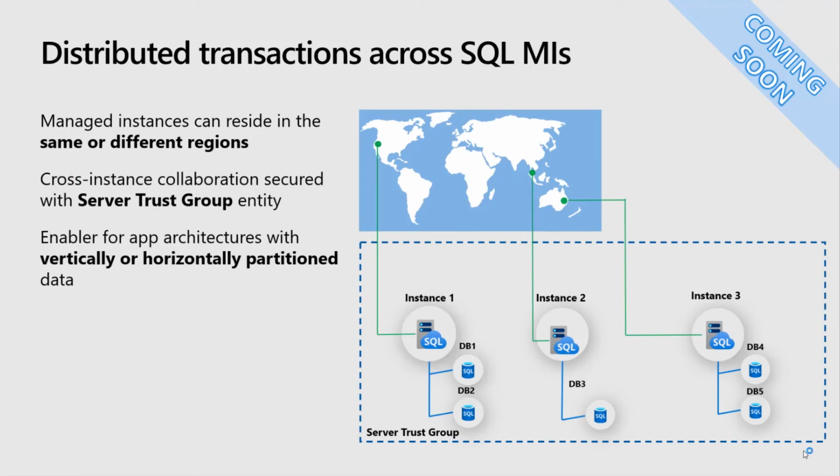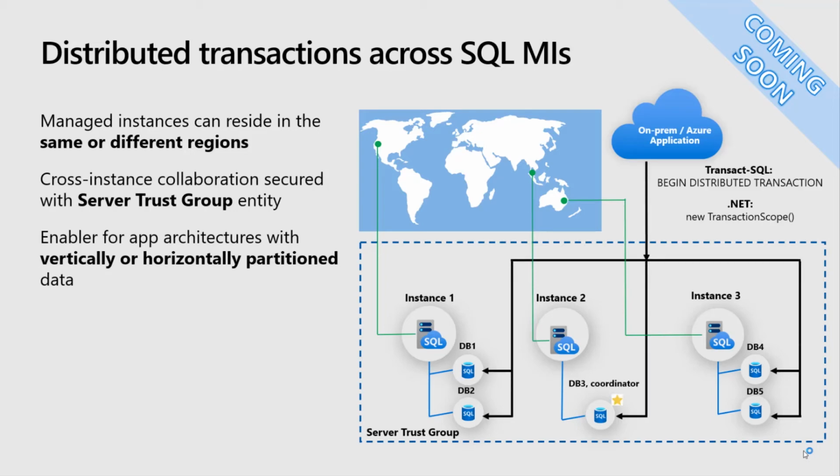Let's see what distributed transactions can do in SQL Managed Instance. Let's imagine that we have a distributed solution with the instances scattered across Azure regions, so that each instance contains a subset of data. It could be sharded, horizontally partitioned data, it could be vertically partitioned data. In any case, we do want to touch the data across all of these databases in a transactionally consistent way. Now, there is an application that can issue the begin distributed transaction T-SQL command, or can use the .NET class TransactionScope to initiate this distributed transaction.